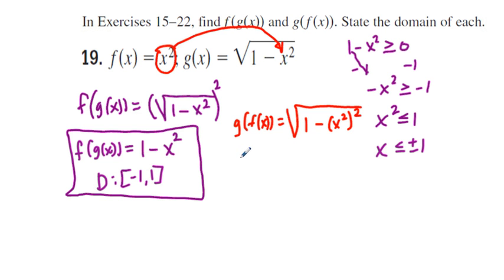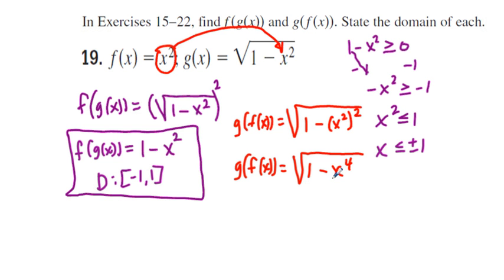So g of f of x is equal to the square root of 1 minus x to the 4th power. So that's going to be it.